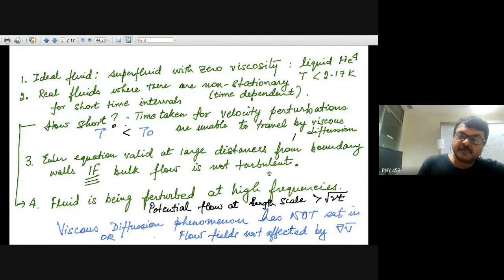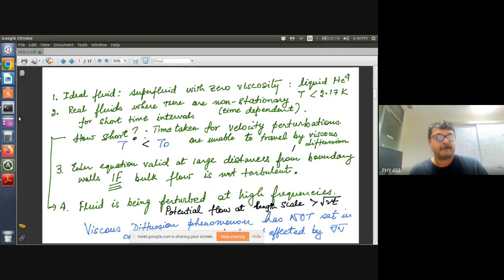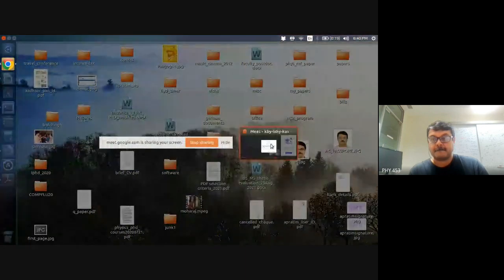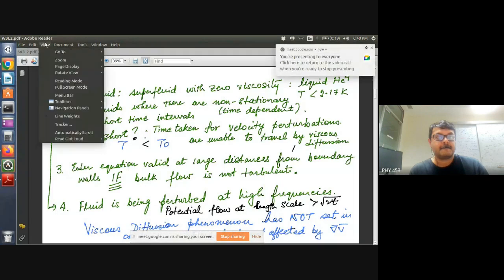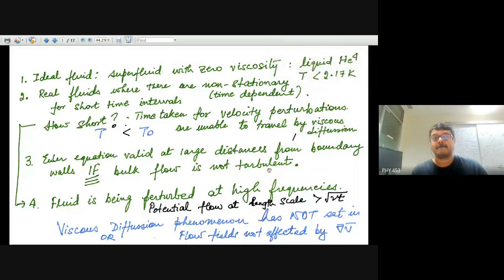Near the boundaries, you will have the stick boundary condition, and there will be a very large velocity gradient, and momentum diffusion over that length scale.